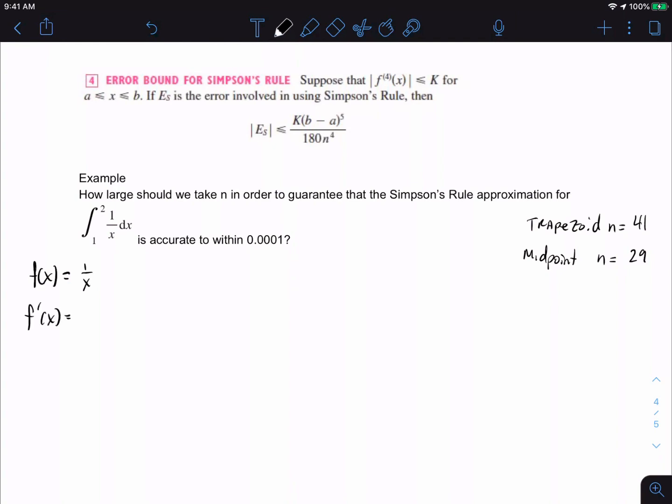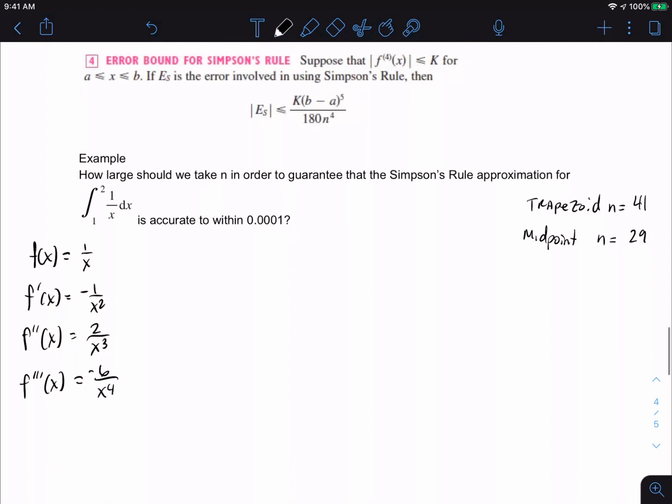Because you should be able to fly through these like I'm doing right now and get to the fourth derivative like that. So that means we need to make sure that we have our derivative practice down, right? But these aren't too bad, so I think you will be able to do it.